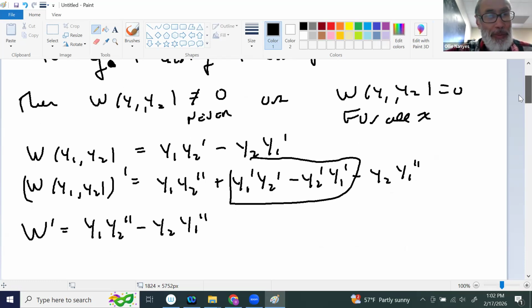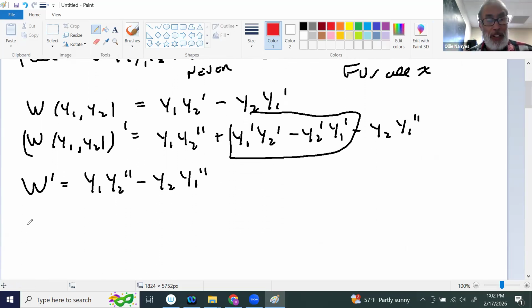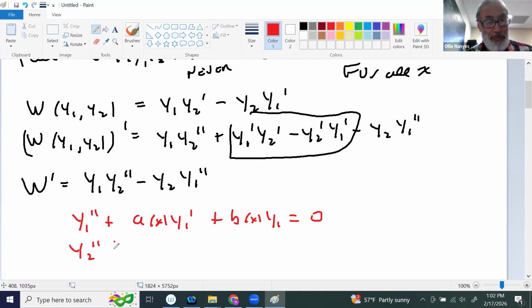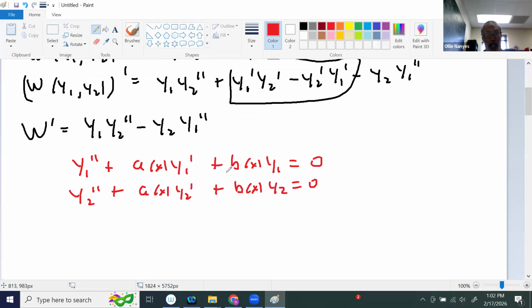So we know what the Wronskian is, and we know what the derivative is. Now let's assume that they're both solutions to the differential equation. So you have y1 double prime plus a(x) y1 prime plus b(x) y1 equals 0. But because they're both solutions, you have this as well for y2.